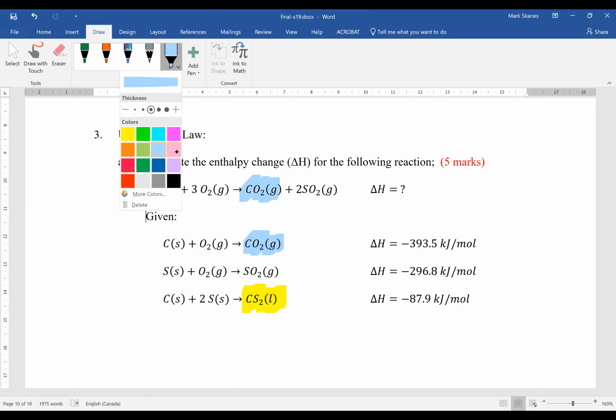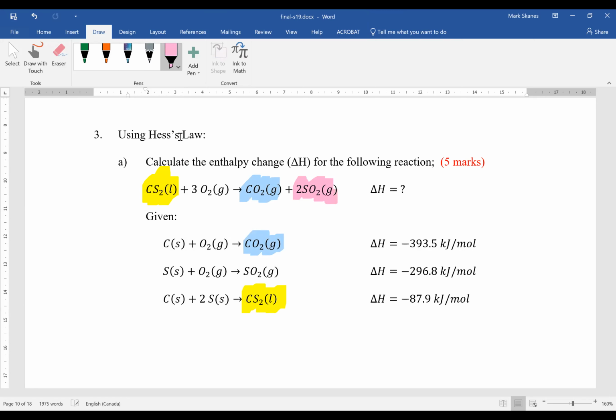I almost like writing in this better than PowerPoint. And then this is SO2 and this is SO2. Oh, wow, look how pretty those colors are too. Anyways, what I need to do is match these chemicals to the overall. So let's look at equation number 1. I need to make sure equation number 1 matches the overall. The overall is up here.